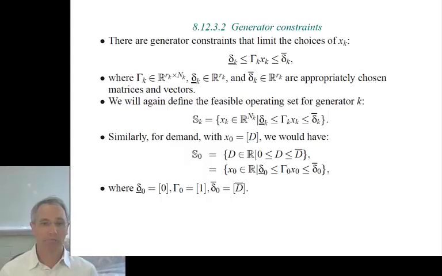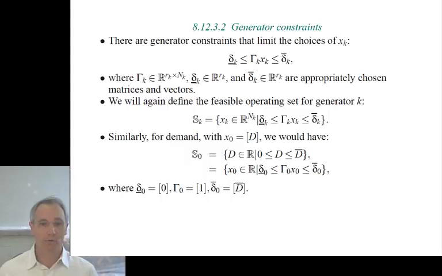So paralleling our previous analysis, we've got a feasible set for the generator, S_k. It's the set of x_k's that satisfy the linear constraints. For demand, we could have a constraint of the form S_0 is equal to the set of demands such that, say, 0 is less than or equal to the demand level is less than or equal to some desired or upper amount of demand.